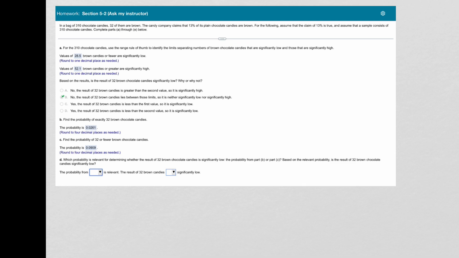So we want the probability from part C, and from there we had 0.0909, and that is greater than 5%. So we would say the result of 32 brown candies is not significantly low. So we're getting the same result as we do with the range rule of thumb.